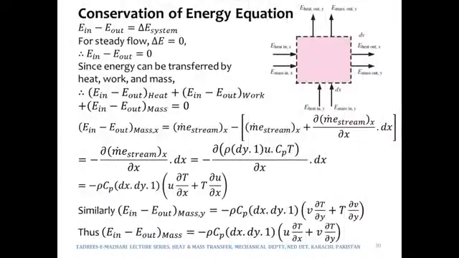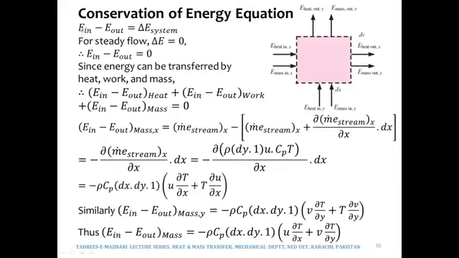Now moving on to the third equation, which is called the conservation of energy equation. Over here I would explain it a little bit, and then I will leave it to you. First of all, the conservation of energy equation says that the total change in the energy content of a system would be 0.